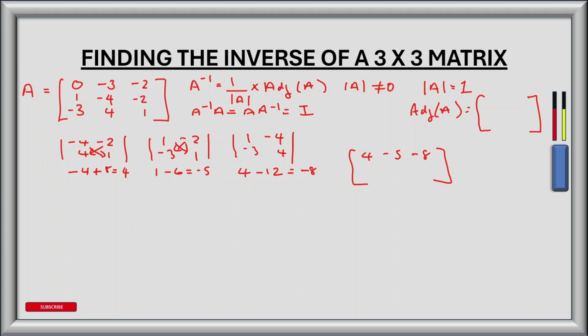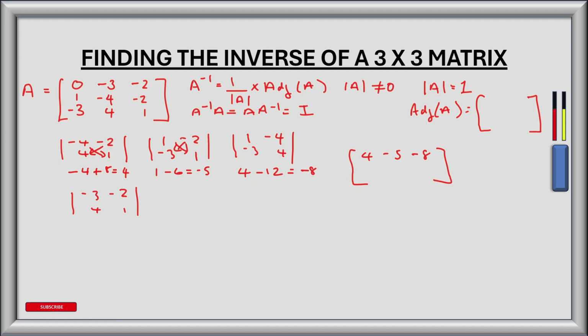So next we need to work on row 2 of matrix A and eliminate rows and columns of each of the elements. If we start with row 2, column 1, and eliminate the rows and columns associated with the element 1, we're left with -3, 4, -2, and 1.